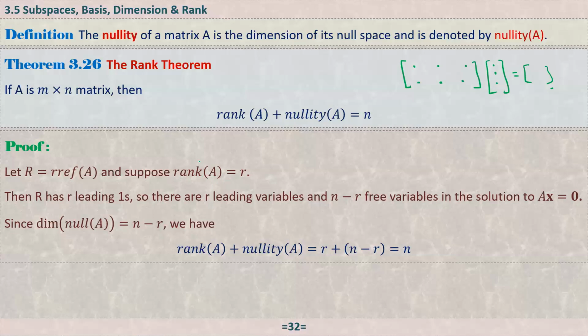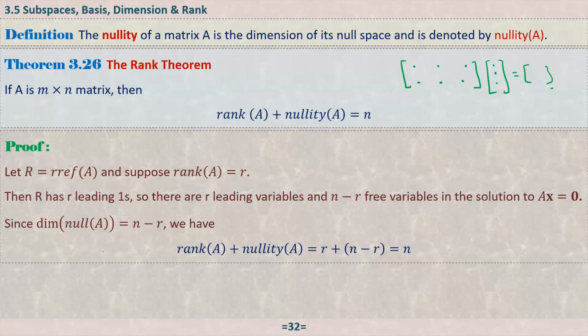If we reduce this matrix A into its reduced row echelon form, r is the number of columns that contain pivots or leading ones, or simply r is the number of leading ones in the reduced row echelon form of A. Then R has r leading ones, so there are r leading variables. And we have N minus r free variables, because if you're talking about 3 variables, and 2 of them are leading variables, the rest must be free variables.